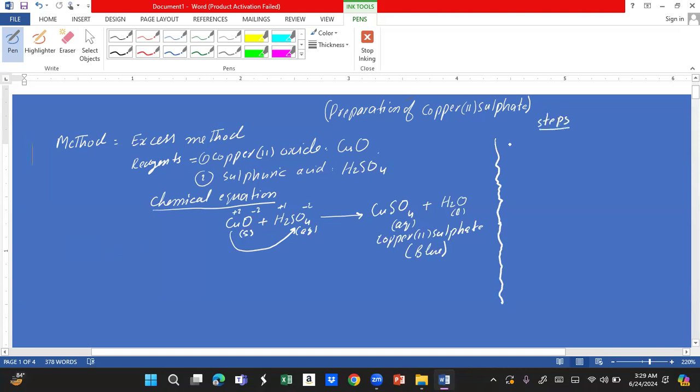Number one, add copper(II) oxide into dilute sulfuric acid.